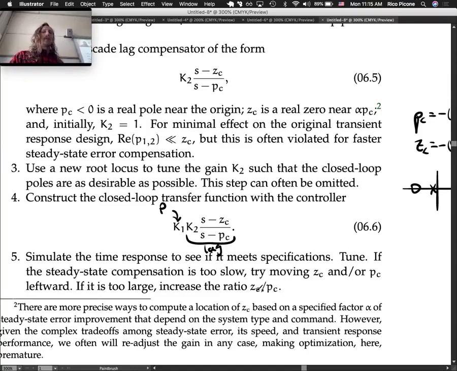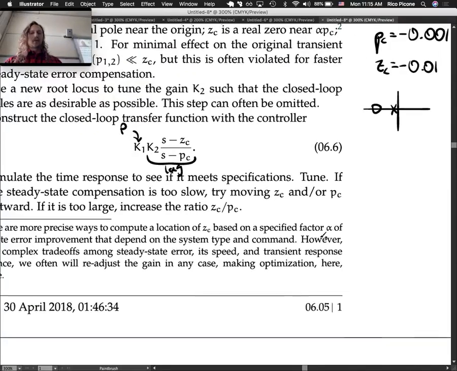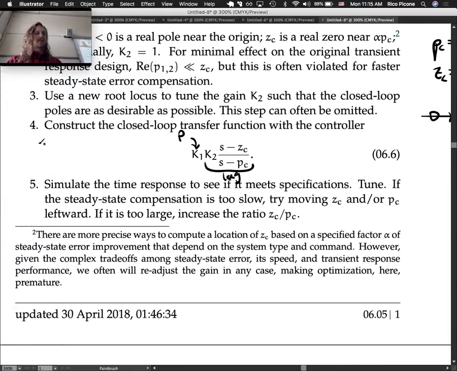So if we want to increase our steady state error compensation, in other words, we want to decrease the steady state error, we move the zero leftward, and the PC we move rightward, or we just change that ratio. I mean, there are 3 ways you could do that, right? Well, you can change ZC and PC such that this ratio increases. That should decrease your steady state error.